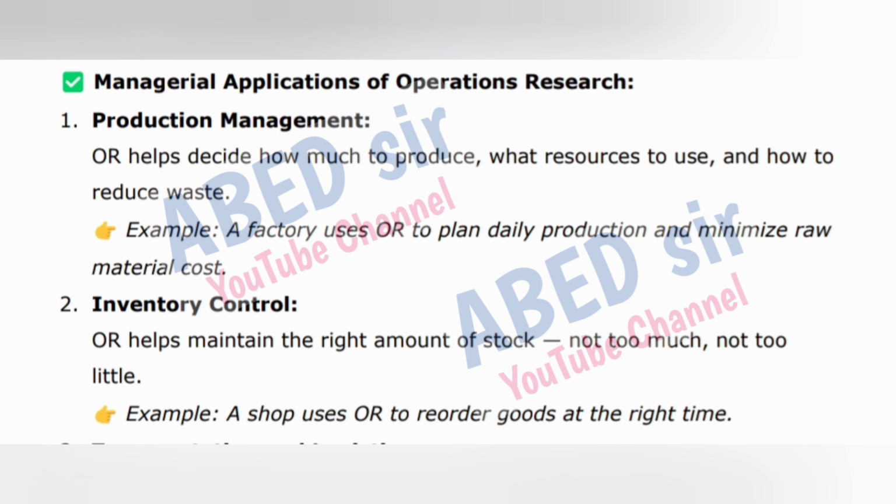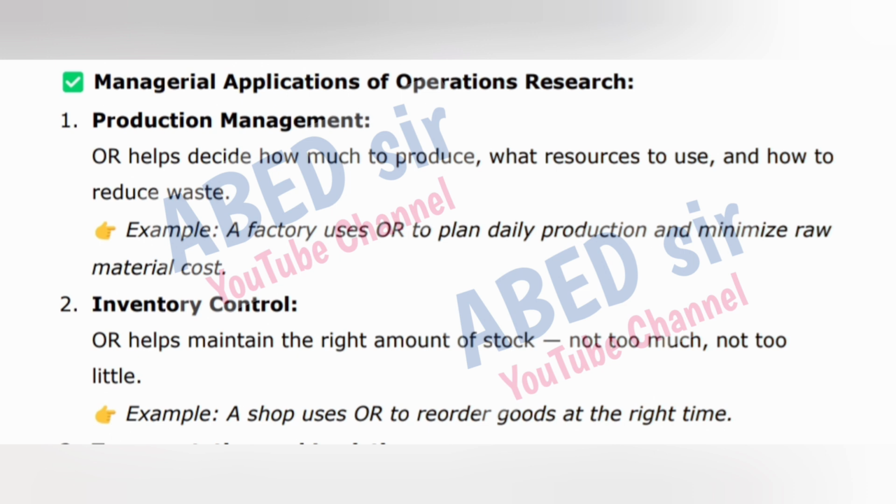1. Production management. OR helps decide how much to produce, what resources to use, and how to reduce waste. Example: a factory uses OR to plan daily production and minimize raw material cost. 2. Inventory control. OR helps maintain the right amount of stock, not too much, not too little.